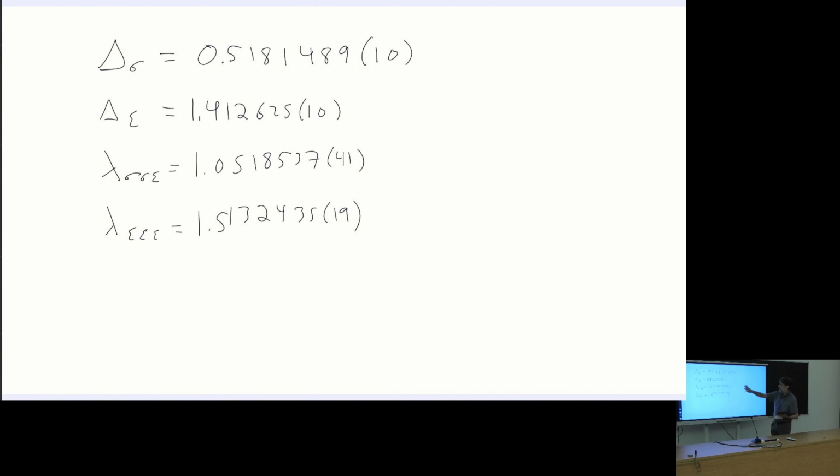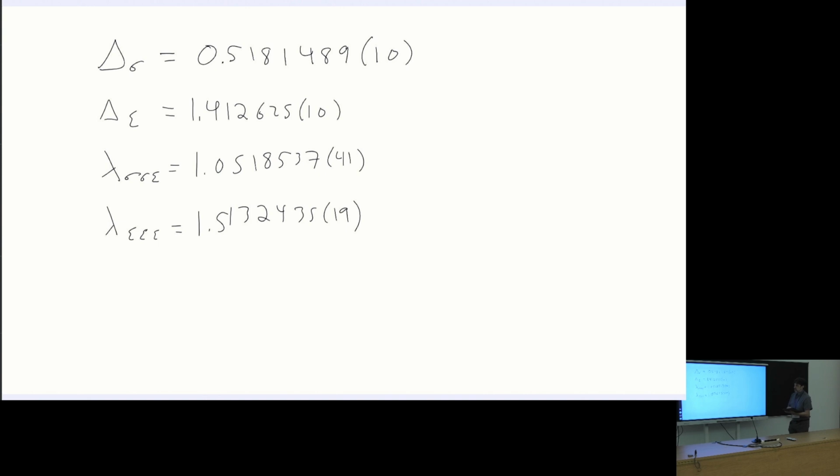You can get a pretty good picture of all of the operators showing up in the sigma sigma and epsilon epsilon OPEs. The error here is roughly a factor of 20 smaller than Monte Carlo right now.